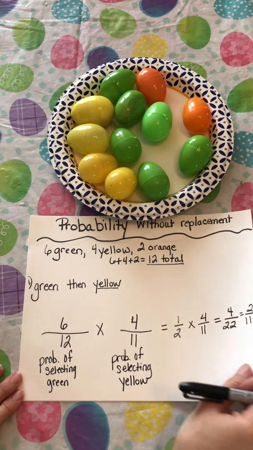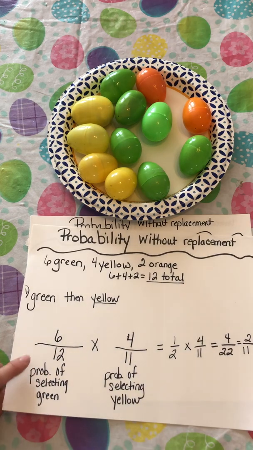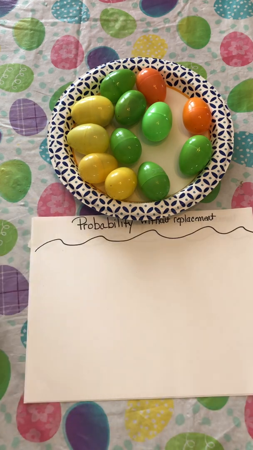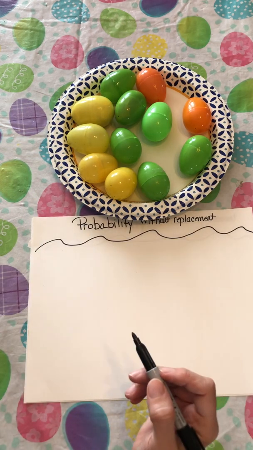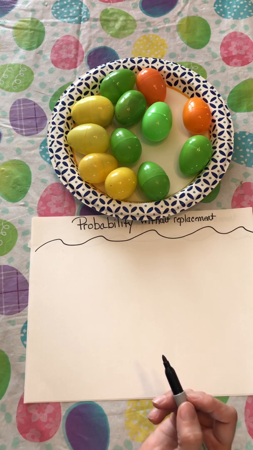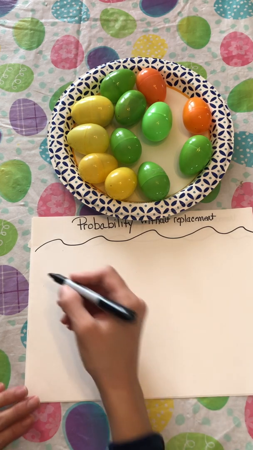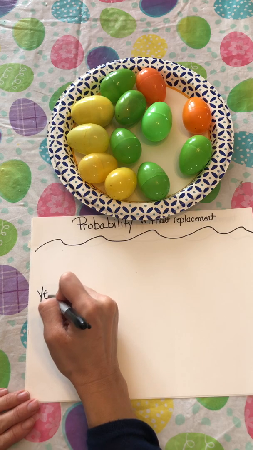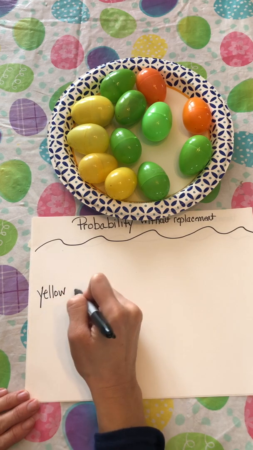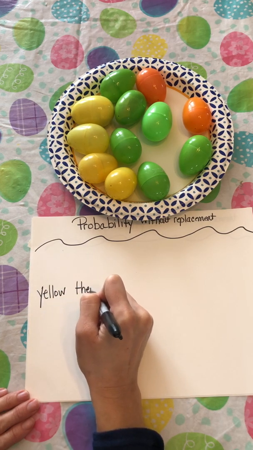Our next example of probability without replacement, we're going to try a yellow, then orange.